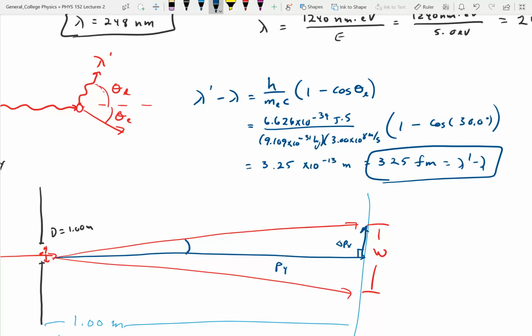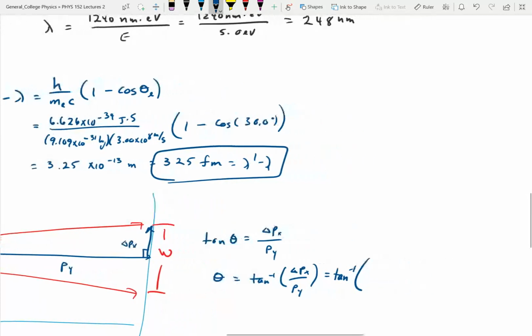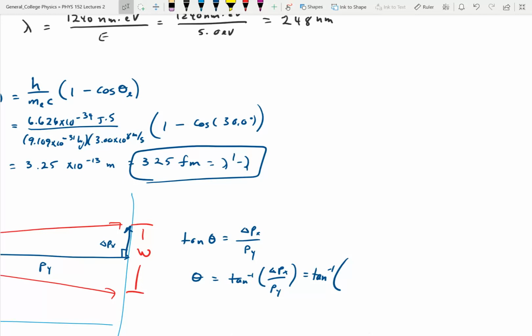I have the opposite side and the adjacent side, so tangent of theta is equal to delta Px over Py, or theta is equal to the inverse tangent of delta Px over Py. So I put in those numbers: 1.05 times 10 to the minus 31 kilograms times meters per second divided by 7.60 times 10 to the minus 22 kilograms times meters per second.